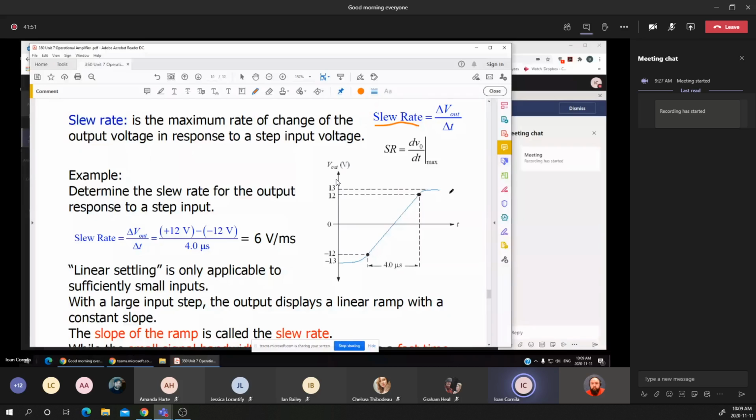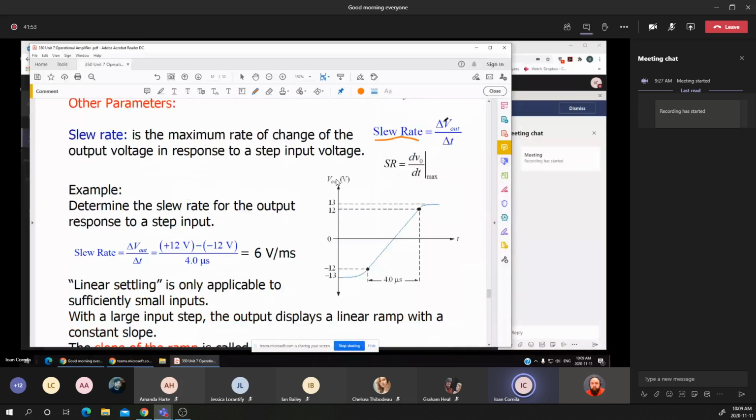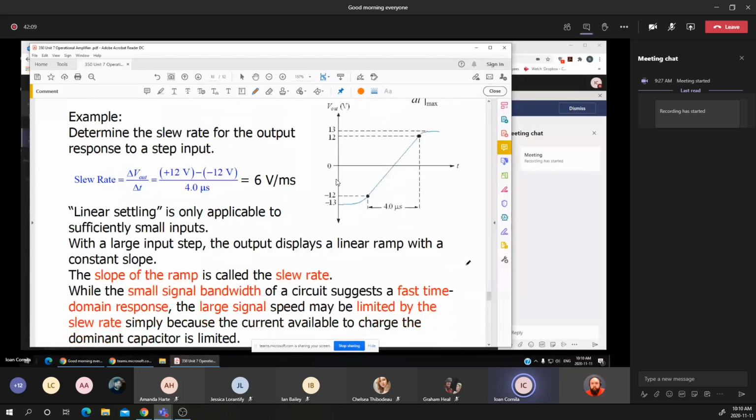Always we are looking at the ratio of the change in output over the change in time, or how long it takes for the signal to rise from a lower voltage to a highest voltage, or vice versa. And you notice that I'm having a pretty linear slope, and sometimes this slope can be a bit larger, or can be a very small slope. Means that it will define the response time.